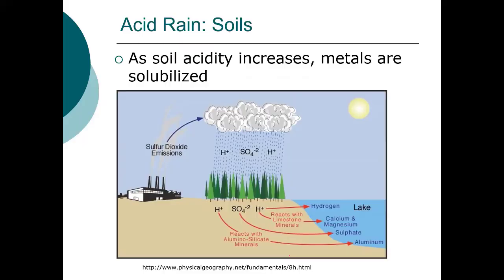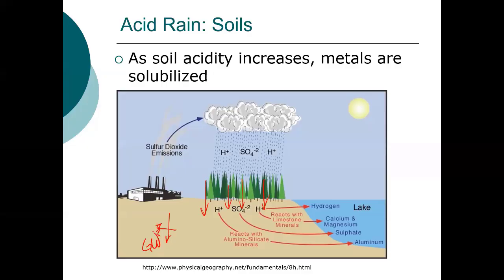Acid rain also affects the soil acidity. So as you can imagine, if the rain is more acidic, that water can percolate down into the soil. It can also percolate down into the groundwater, resulting in more acidic soil water, more acidic groundwater. Because the water is more acidic, it reacts with the minerals and starts to dissolve them.